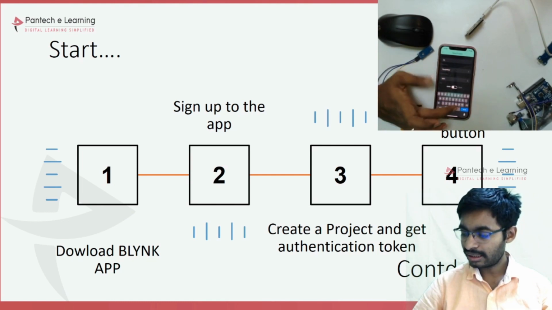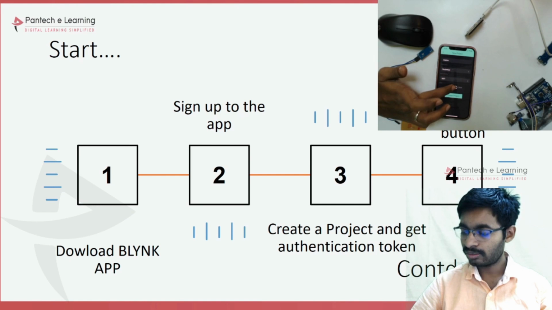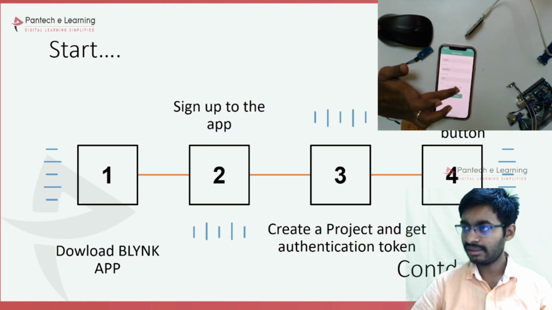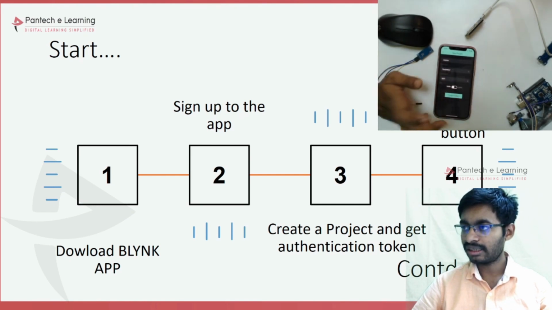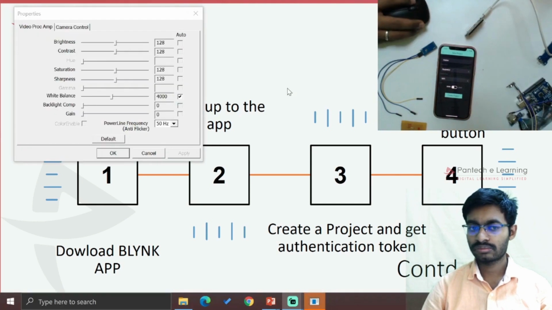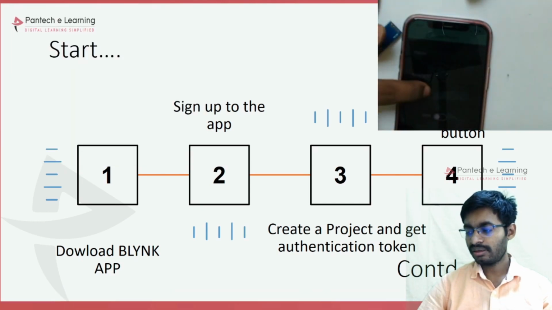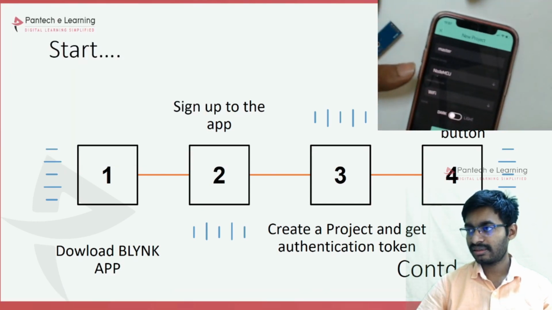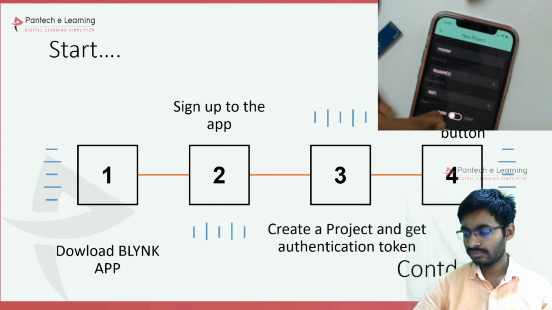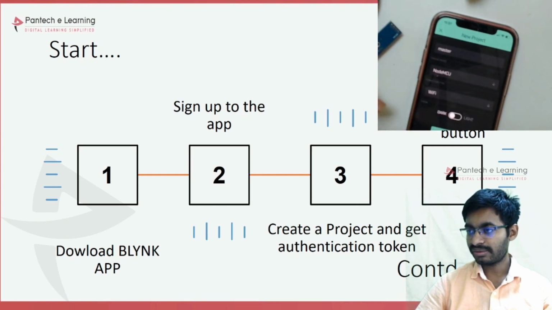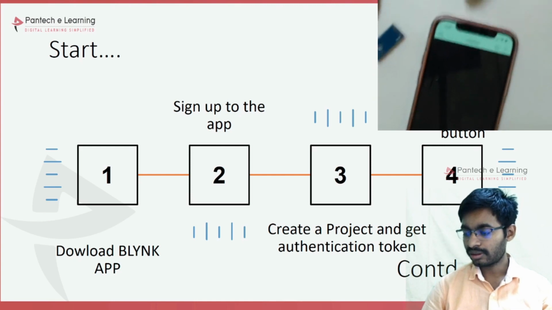I am giving the title as MASTER. Done. Now if you want dark mode or light mode, we can select it. Let's go to dark mode. That is better, I hope. Now it is clearly visible. These are the requirements. Now click on create project.